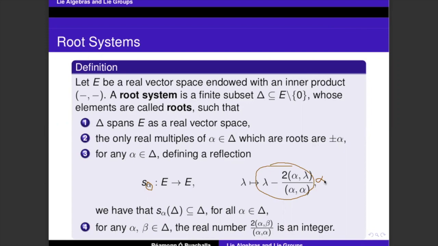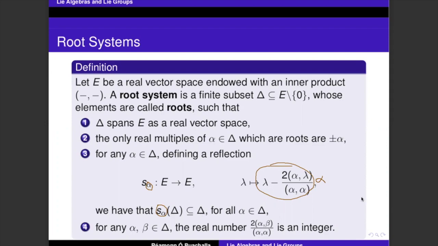Basically in all of the other directions, it will just be the identity. And then we want that with respect to this definition of reflection, the reflection of alpha will map your root system into your root system for all alpha. So you somehow use an element of the root system to construct a reflection, and then you have to have that the root system itself will be preserved by this reflection.